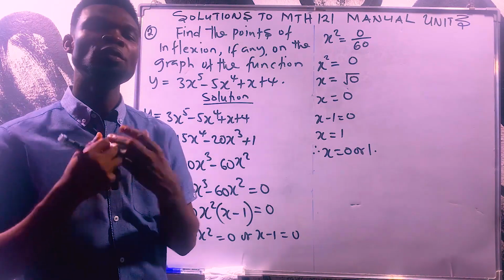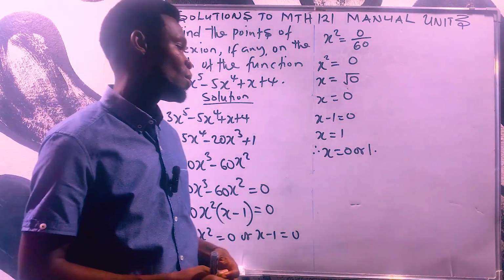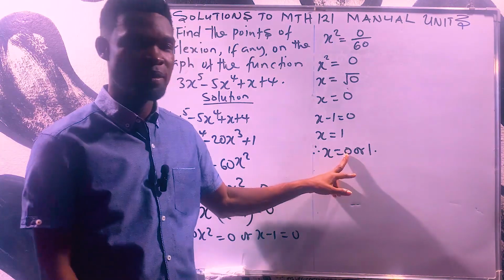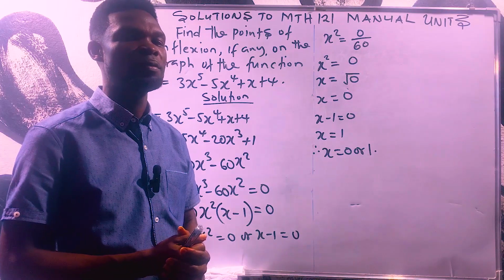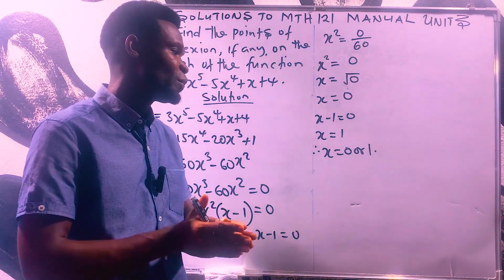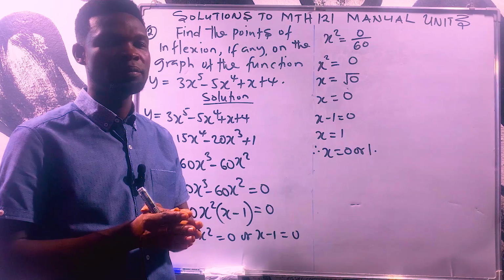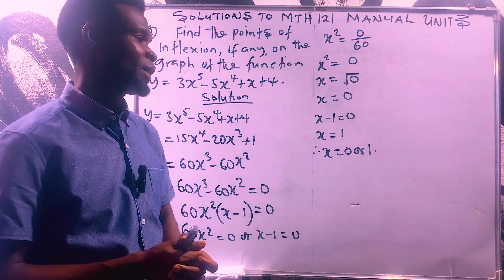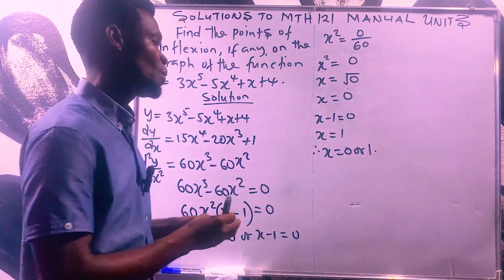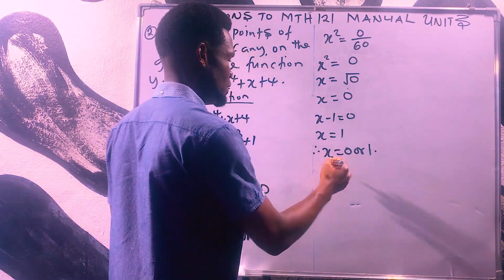Now, the point of inflection will actually occur at the point where x is 0 or where x is 1. How do you know the point of inflection will occur? You will carry out an analysis or a test. First of all, we pick the first value of x, which is 0.